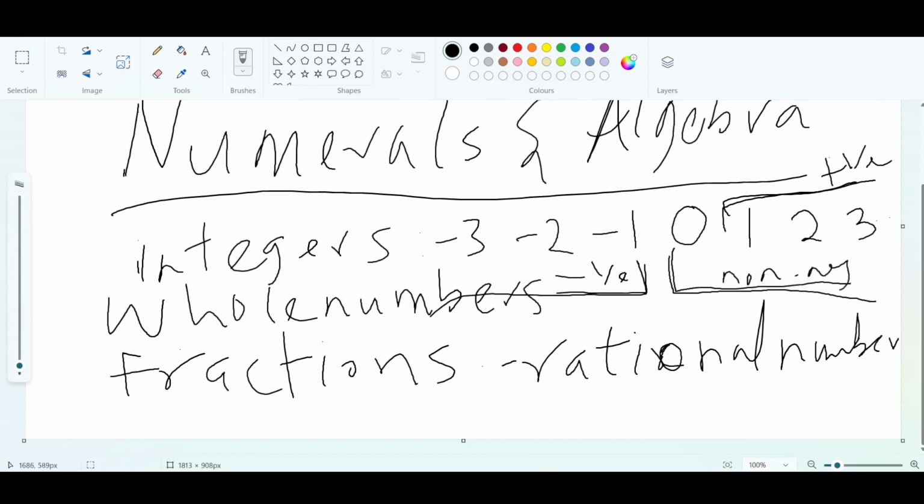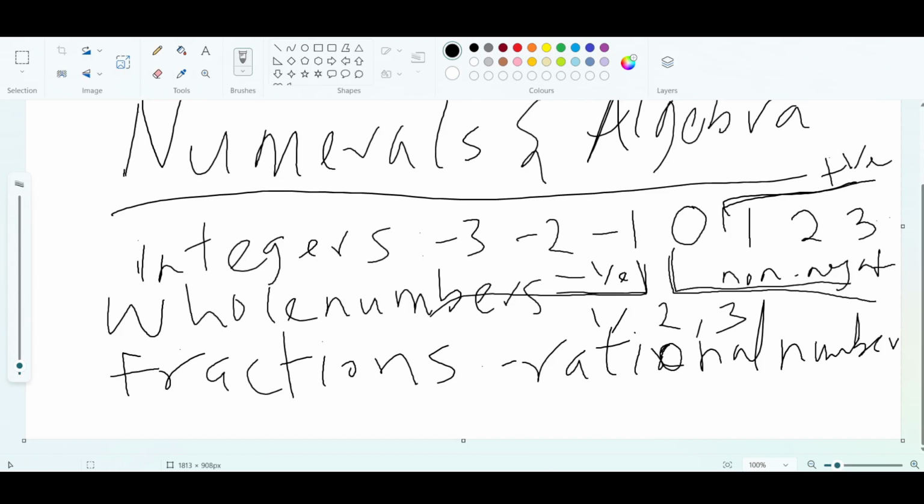So we have the positive integers, the negative integers, and the non-negative integers. We talked about these earlier, just rushing through them so that we know we have started mathematics from the beginning.